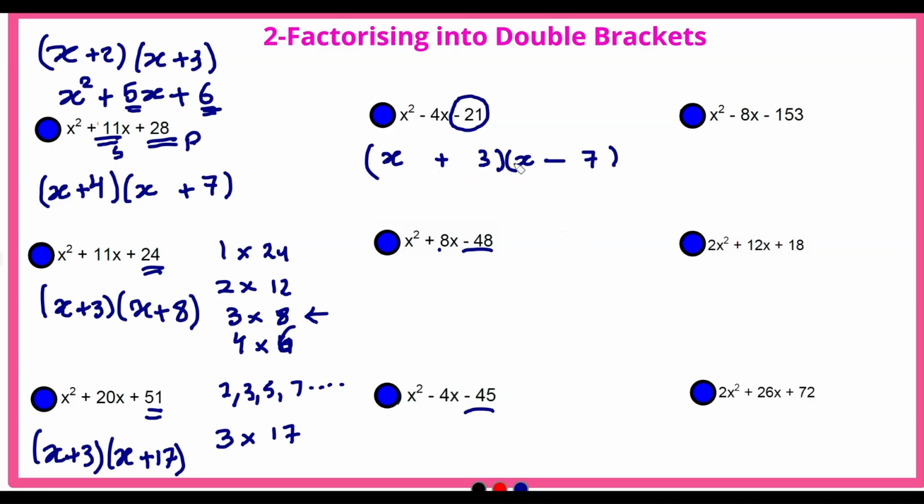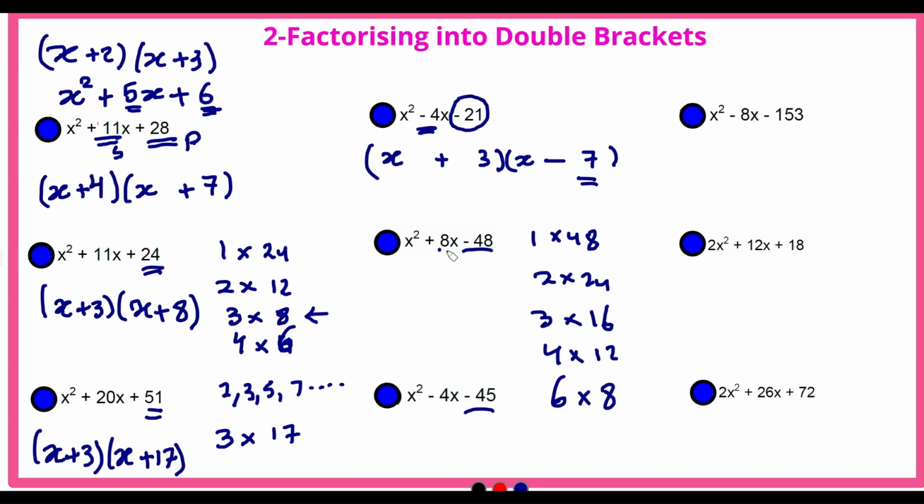How do I decide the signs? The largest always takes the sign of the middle. What about this one? Two numbers multiplied, we get minus 48. The difference between them is 8. 48 is actually a complex number, so it's 1 times 48, 2 times 24, 3 times 16, 4 times 12, and 6 times 8.